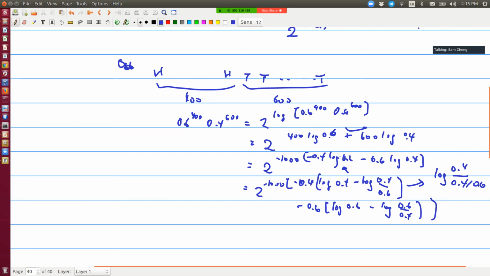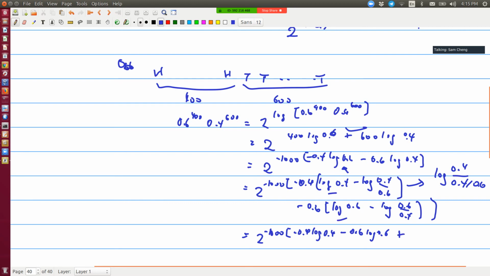Okay, that's right. But if I write it like this, actually I can group the terms, right? So then I have minus 1,000 times minus 0.4 log 0.4 minus 0.6 log 0.6. Basically I have these two terms here.